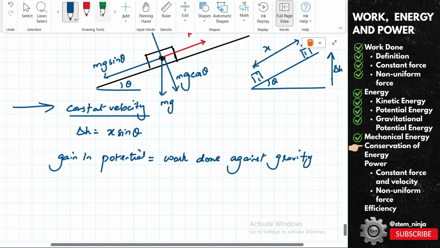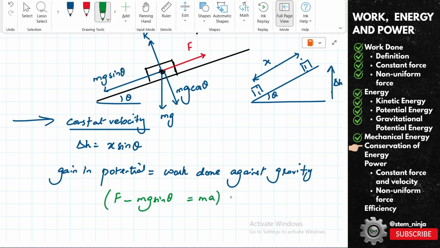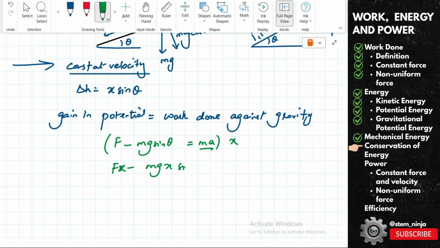If you haven't watched the previous video, I'll just explain it quickly. There's an upward force over here minus the mg sine theta equals ma. You multiply both sides by the displacement x or s, whatever you want. This side will become 0 because there is no acceleration in this particular case. But this Fs minus mg x sine theta is equal to 0.